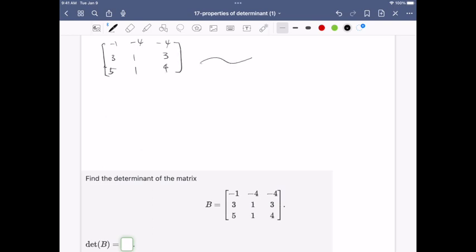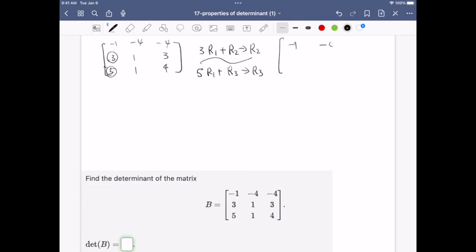To eliminate these two numbers, I do 3 times R1 plus R2, replace R2, and 5 times R1 plus R3, replace R3.